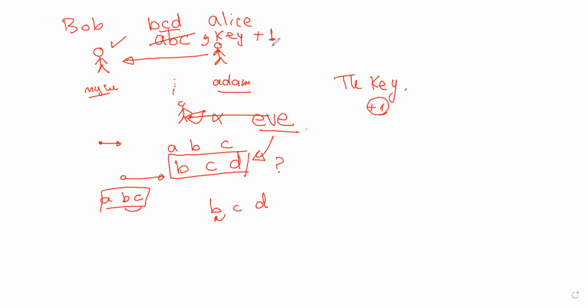So Eve, who's standing in the middle, is going to understand that the key is +1. So she's able to decrypt the message just like Bob does. So that's why the key is secret. And this is called private key encryption.